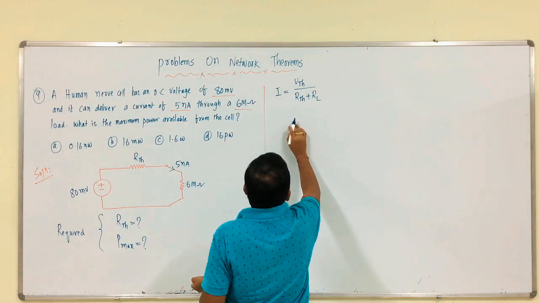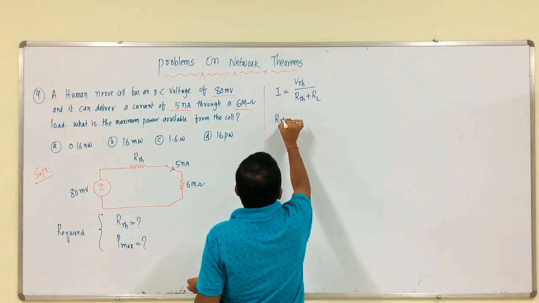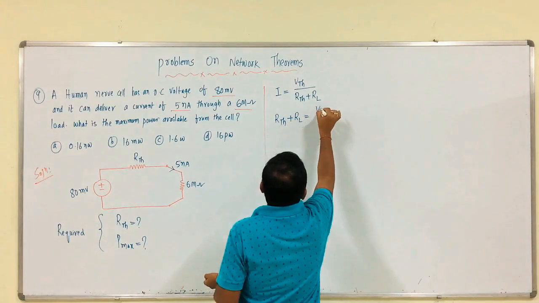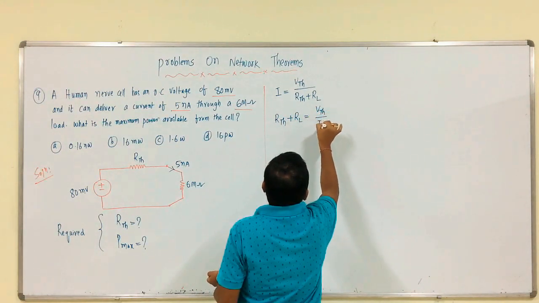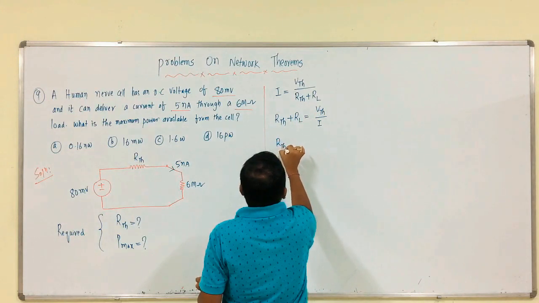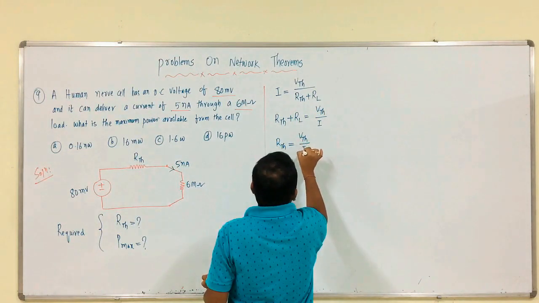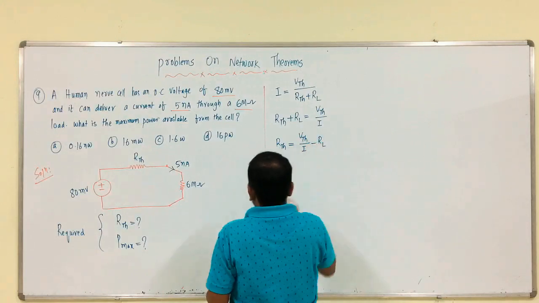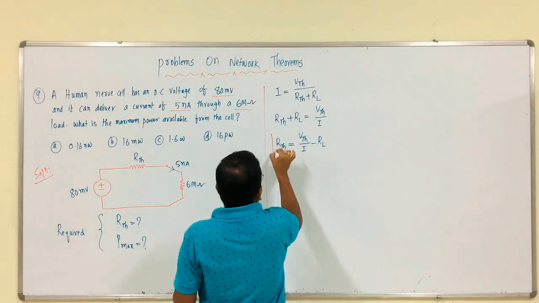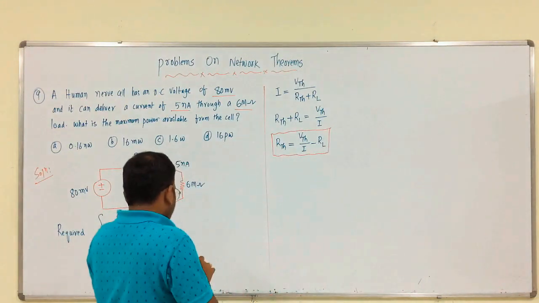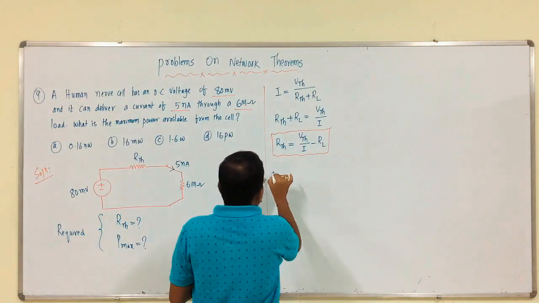Therefore, from this, RTH plus RL is equal to VTH by I. From this, RTH is equal to VTH by I minus RL. This is the formula. Therefore, RTH is what?